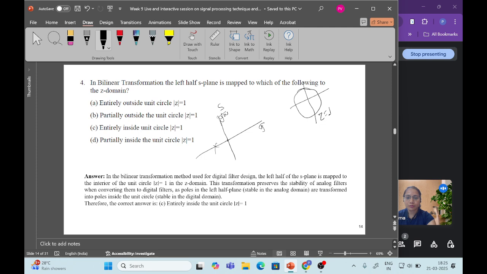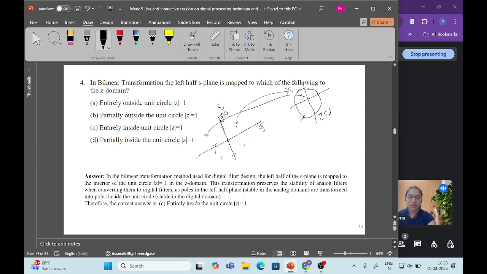The poles on the left side will go inside the circle. If the poles are on the right side, we already know the system is unstable, and they will lie outside the unit circle. If poles are on the imaginary axis, they lie on the circle. So in the bilinear transformation method used for digital filter design, the left half of the S plane is mapped to inside the unit circle in the Z domain.